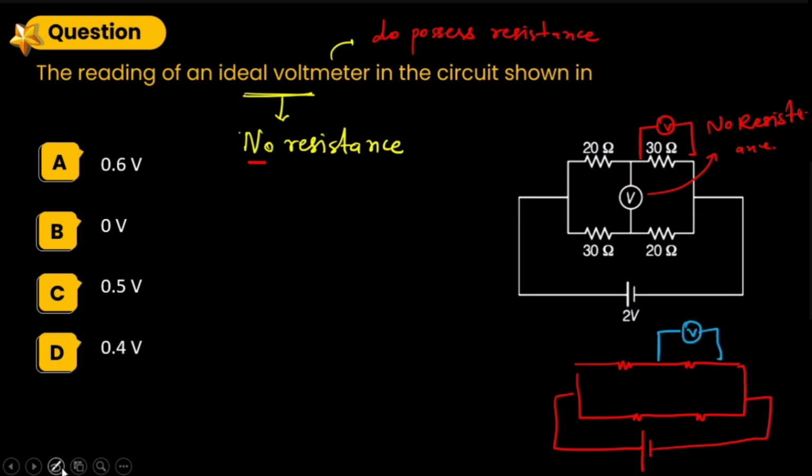So the question says what is the value of potential across the given component? It is 20 ohm, it is 30 ohm, again it is 30 ohm, it is 20 ohm. The potential of the battery is 2 volts. So how can we find the reading of the voltmeter? In order to find the reading of the voltmeter, first of all, we have to use Ohm's law to find the current in the circuit, because without current we can't find potential. So potential is something IR according to Ohm's law.